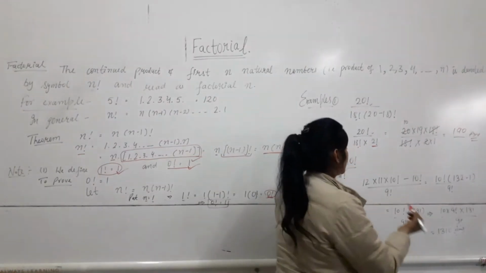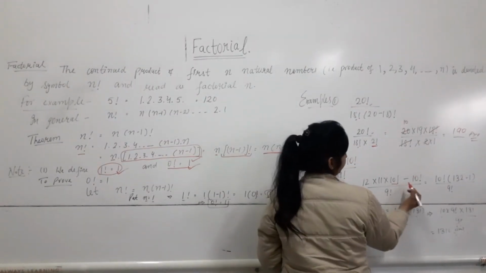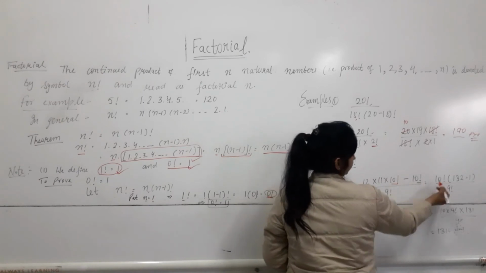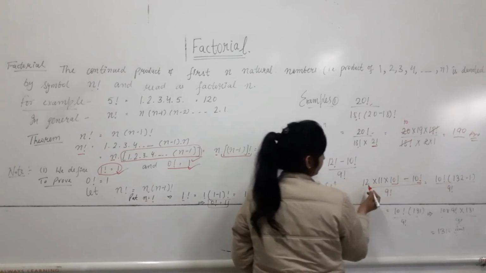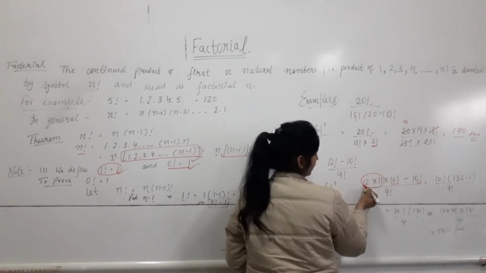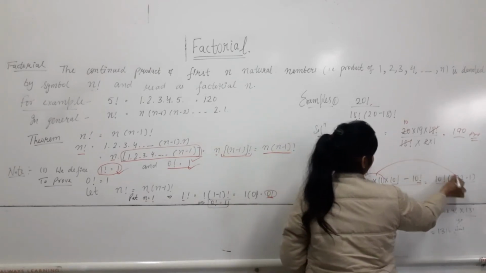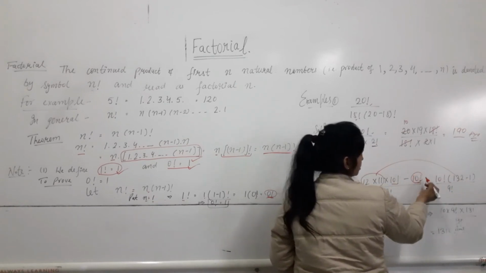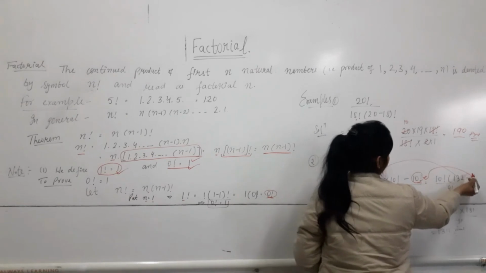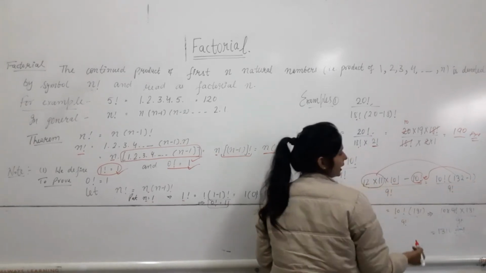Look carefully: 10 factorial is common here. So we take 10 factorial common, and here we have only 12 into 11, that is 132, minus 1.